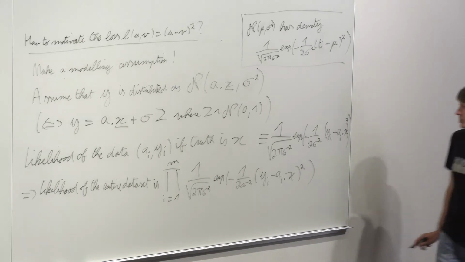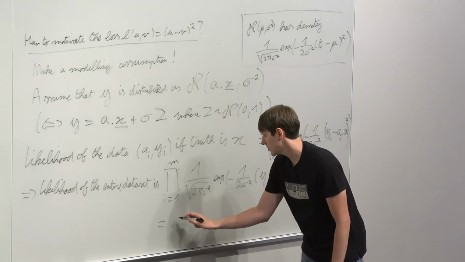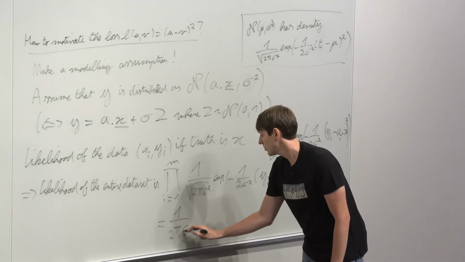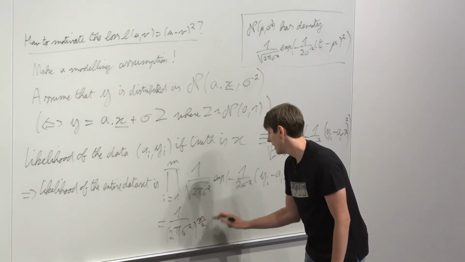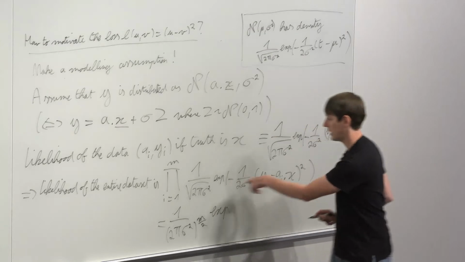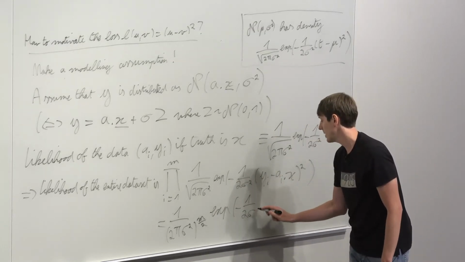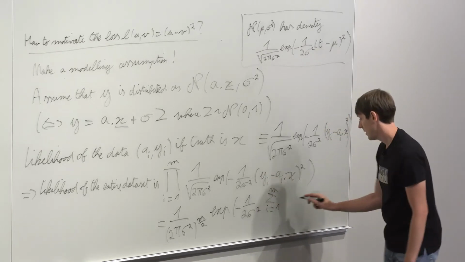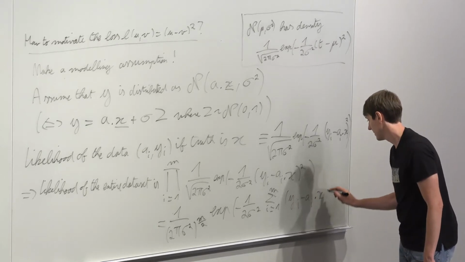Which I can rewrite: I get this constant, 1 over 2 pi sigma squared to the m over 2, and then in the exponential, I get minus 1 over 2 sigma squared, the sum for i equals 1 to m of (y_i minus a_i dot x) squared.